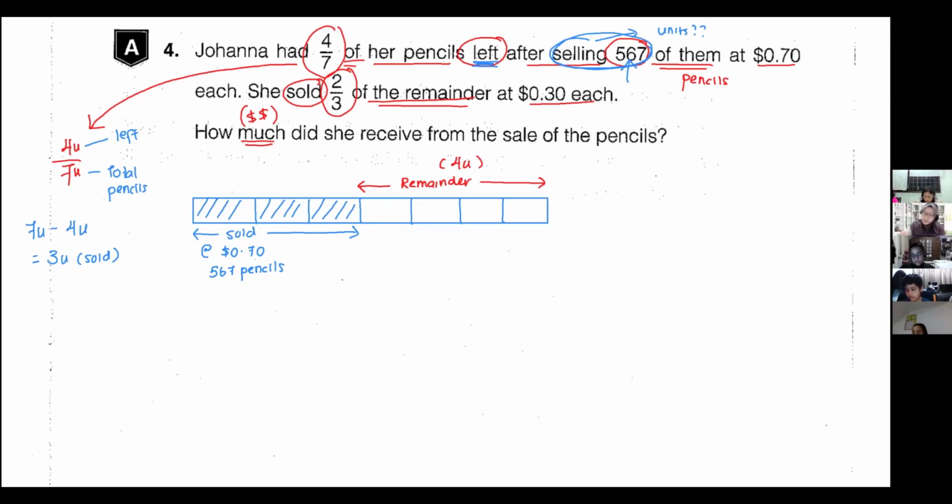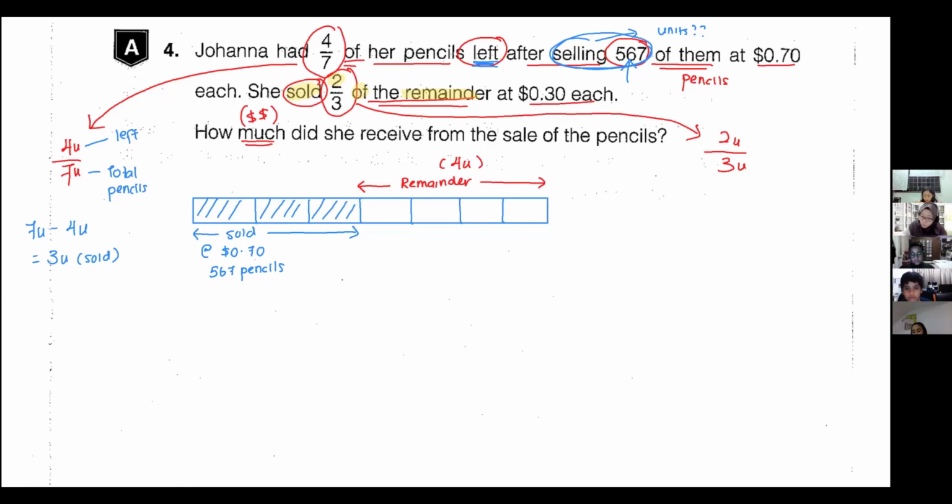So if you look at the next fraction, the 2/3, I have 2/3 units. They mention here that she sold 2/3 of the remainder. Okay, so I want to know from the fraction where is the remainder and where are those that I sold at 30 cents.